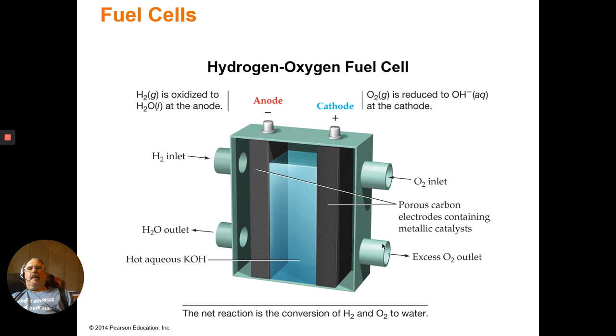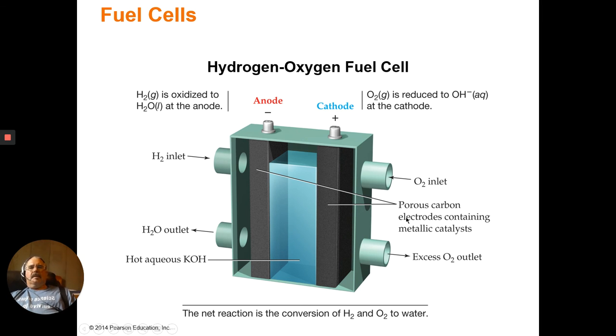Okay, I'll briefly talk about the hydrogen-oxygen fuel cell. The net reaction here is the conversion of hydrogen and oxygen to water. Hydrogen is oxidized to water at the anode, and then oxygen is reduced to hydroxide at the cathode.